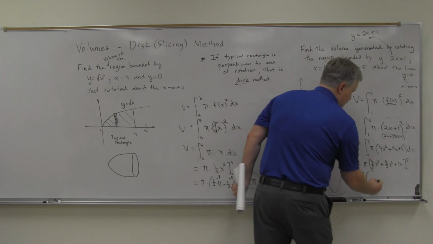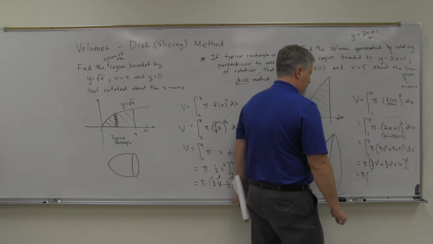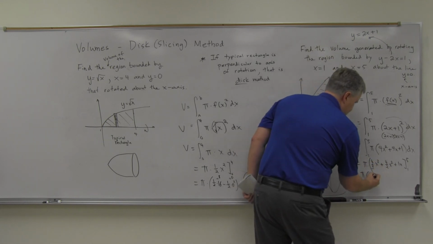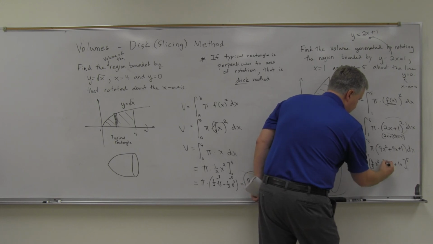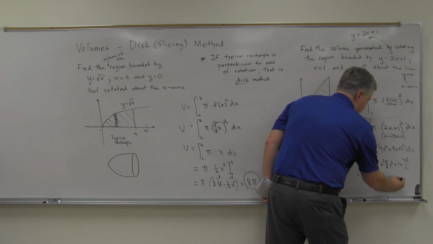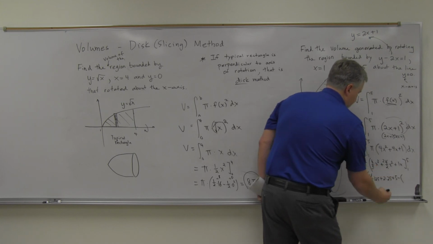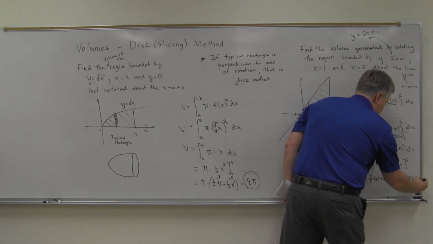And usually what we do is just evaluate this and then multiply the pi in. It'd be 4/3 times 5 cubed, which is 125, plus 2 times 5 squared, 2 times 25, plus 5, and then subtract by plugging in the 1, that'd be 4/3 plus 2 plus 1.